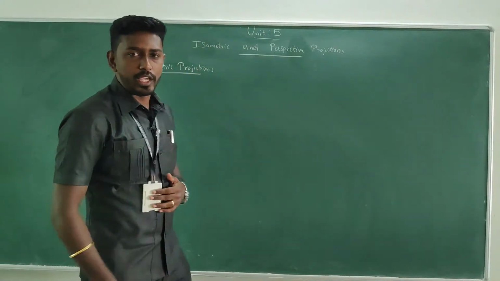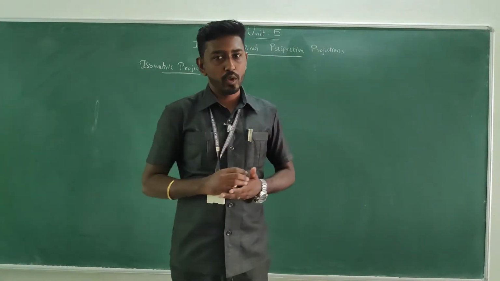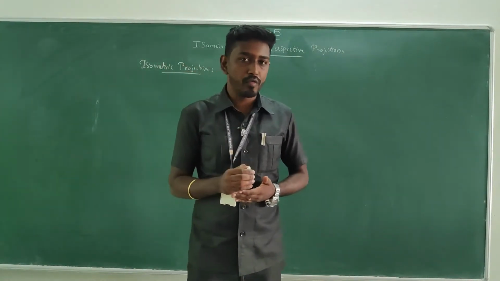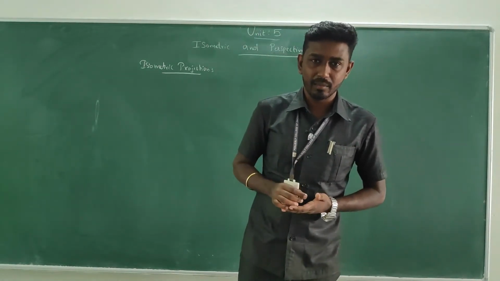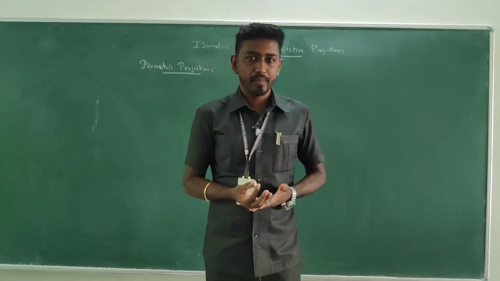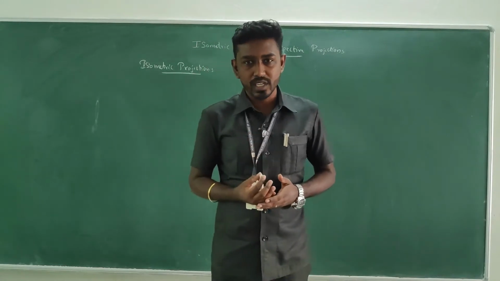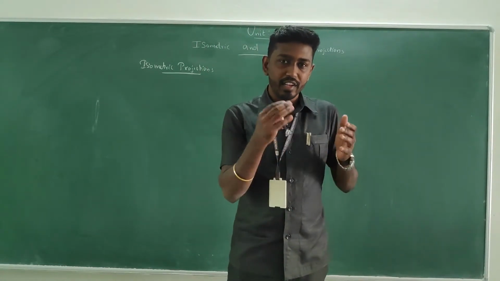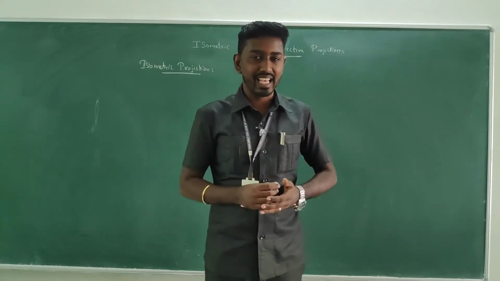Right. Until the fourth unit, we have practiced showing the projection using the orthographic method. When you are going with orthographic projection, in order to specify the details of any object, we need to show multiple views like front view, top view and side views.